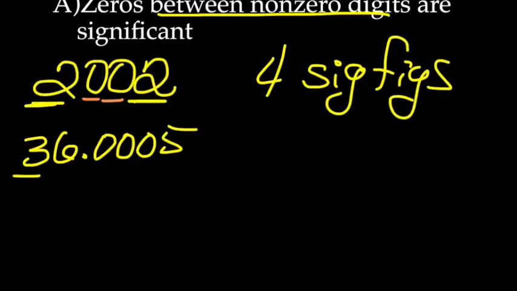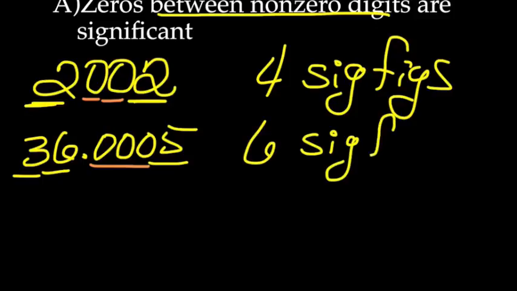Again, the 3, the 6, and the 5 are all significant because they are non-zero digits. What about these zeros? Are they between non-zero digits? They are. So that means that all of the digits in this number are significant. So this particular number has 6 sig figs. Okay, hopefully you feel okay about this.